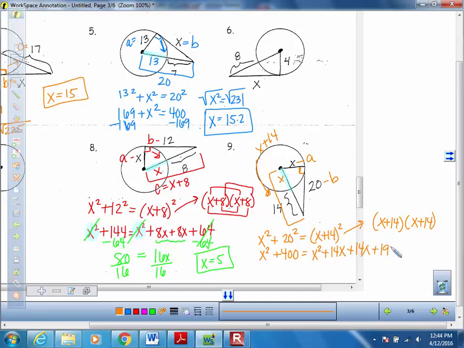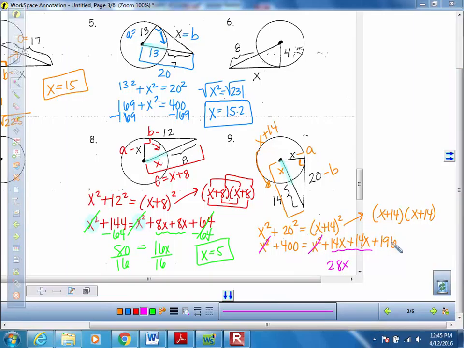Plus 196. Okay, again, my x squared, since I have 1 on both sides, that's going to cancel. I'm going to combine my like terms here, so 14x and 14x gives me 28x.